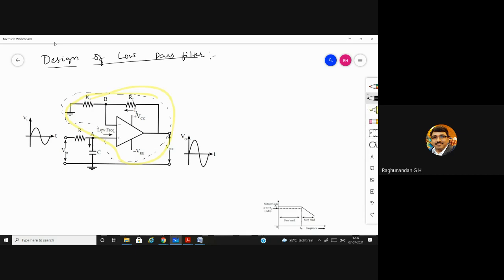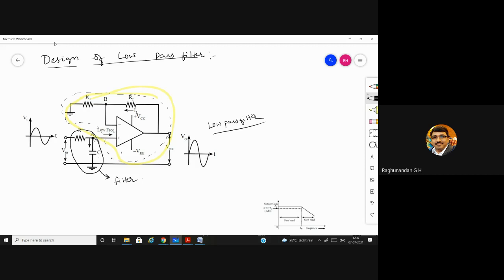This non-inverting op amp, as you know, is going to add some gain to the given input signal. To this non-inverting op amp, we are adding a resistor and capacitor. This is the filter. When you add this to a non-inverting op amp, it becomes a low pass filter.